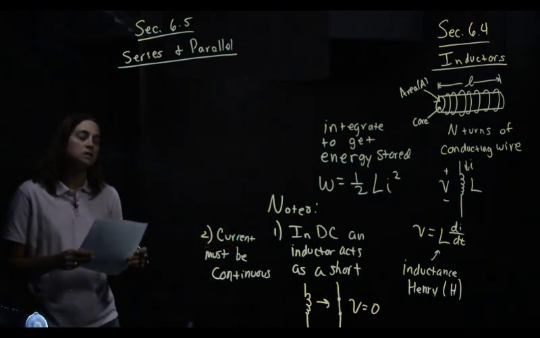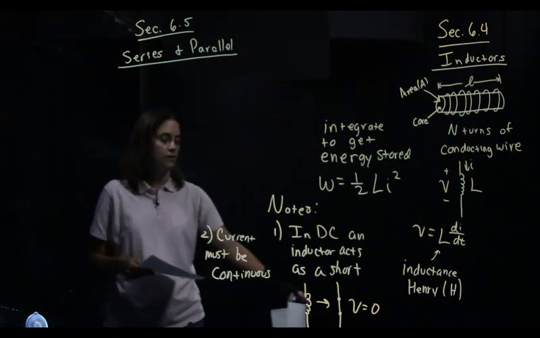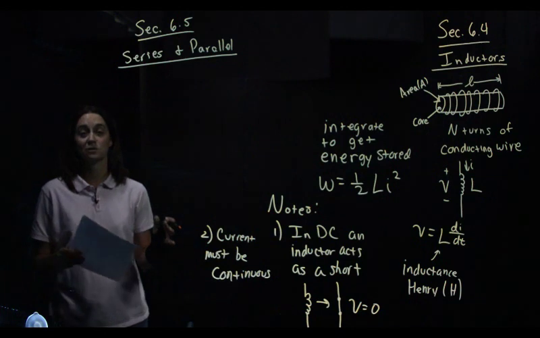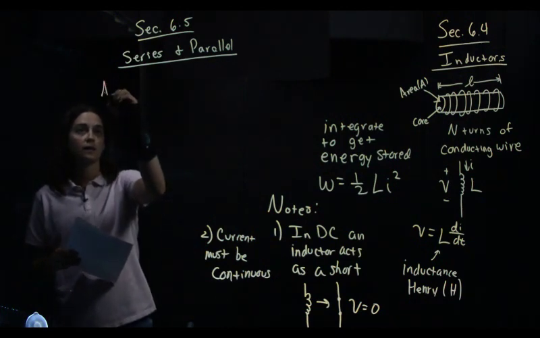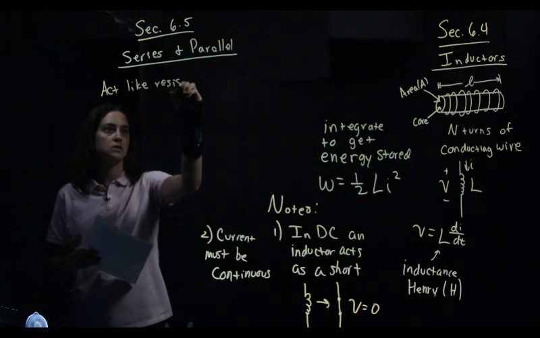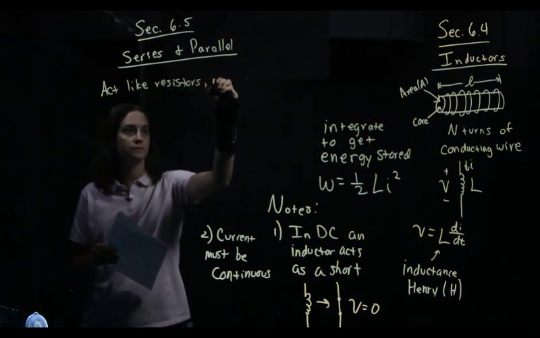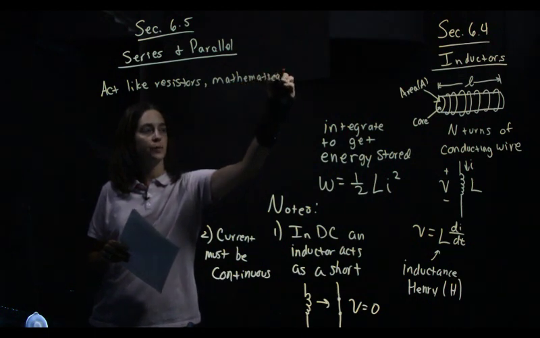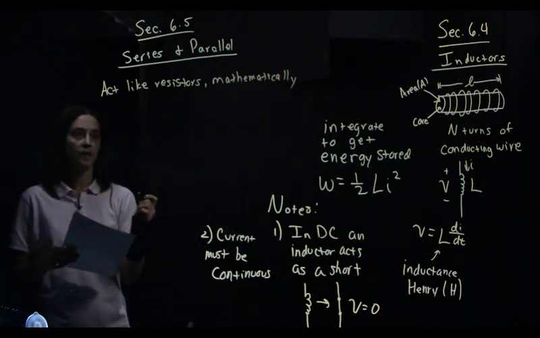So Section 6.5 is on series and parallel inductors, and it's really simple because they act just like resistors mathematically. And again, there's a proof in your book of why this is, but we're going to skip that.